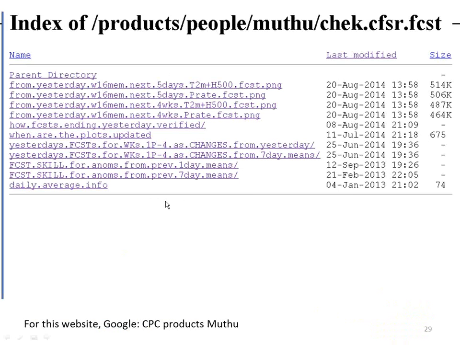We are doing this only in time scales where we have no skill by the conventional way. Tomorrow's forecast is, as I showed you, day 1, 2, 3, 4. I would say even for week 2 we can, but they are claiming they are trying to have better skill. But week 2 by this method is not better than the skill by the conventional method. That's what I would say.